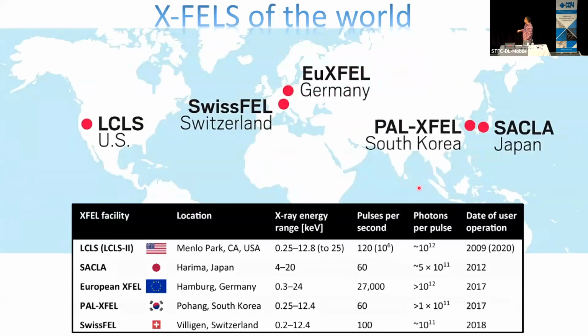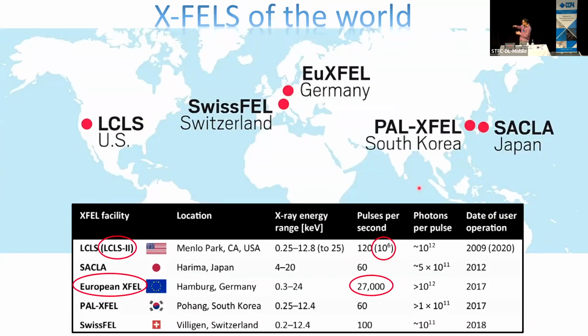So you get really bright pulses of X-rays at FELs, and these are the FELs in the world that are operational right now. And if you look at these columns, the properties like the range of energies and the photons per pulse are all roughly the same scale, but there are some outliers in the pulses per second column.